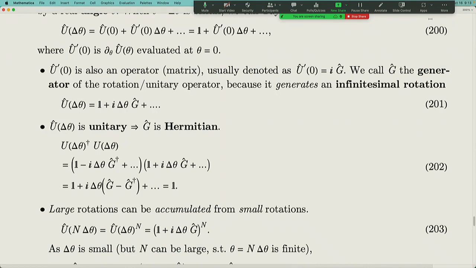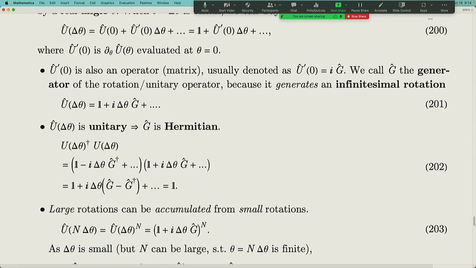So if U is expressed in this way with higher order terms, which we don't care about, then U dagger will be expressed like that, also with higher order terms, which for now we don't care about. Then you can just expand these two Taylor expansions, and you will find that the first order term looks like this. In order for this equation to be identity, at least the first order term needs to vanish.